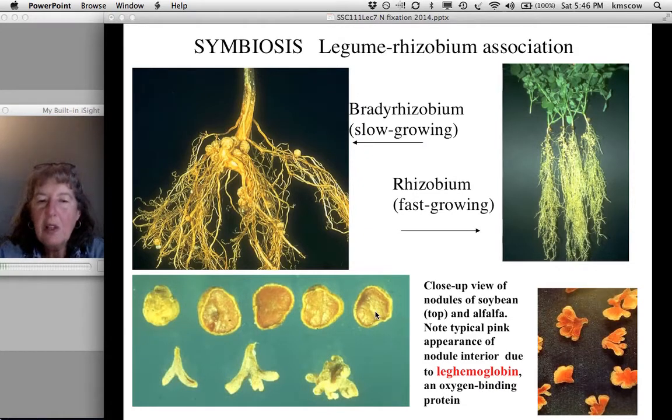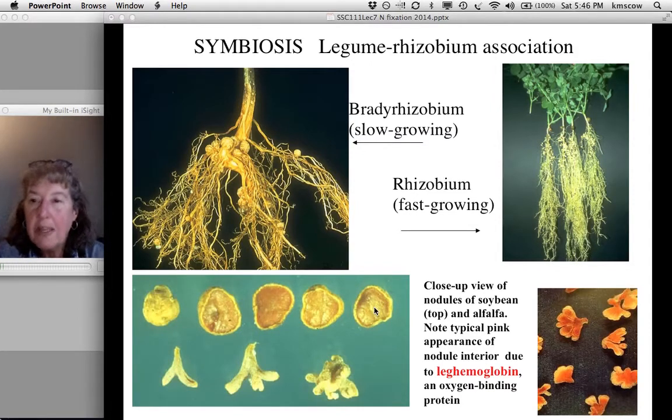This leghemoglobin does exactly that. It binds oxygen in the nodules and reduces the availability of that oxygen by orders of magnitude, and therefore lets that nitrogen fixation process occur. And so if you see that pink color, you know there's active nitrogen fixation going on.